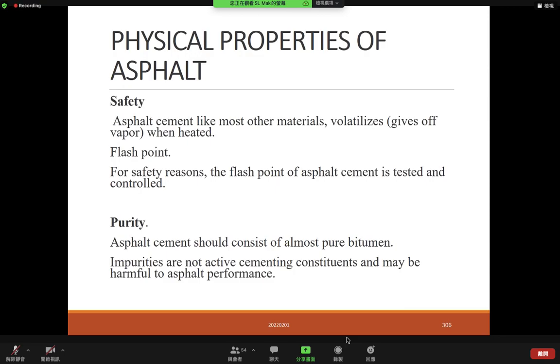It means that we should measure the flash point to avoid potential fire hazards or explosion. Purity: the content of asphalt may consist of many other materials. That is why we should check its purity.